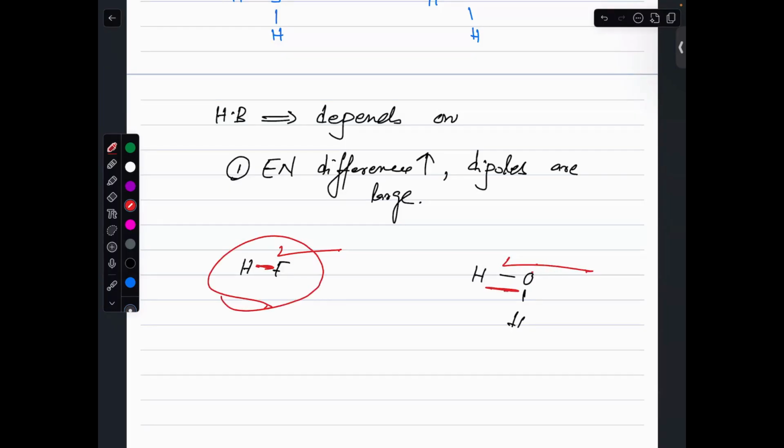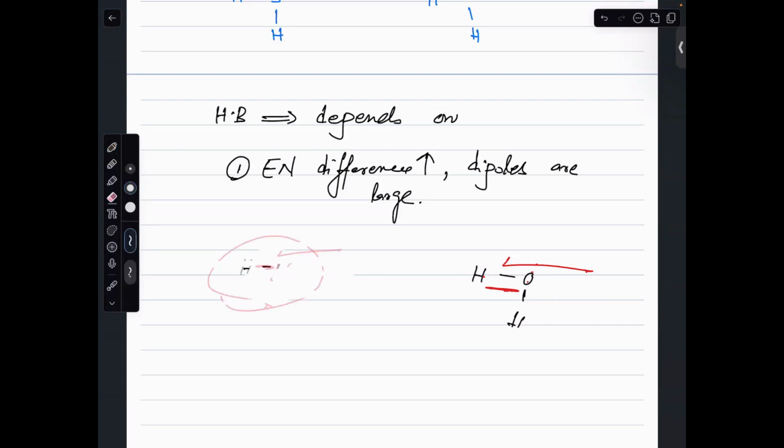Definitely the attraction of HF would be stronger than the attraction of the H-O in water.